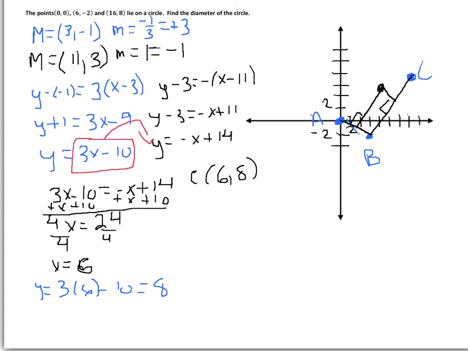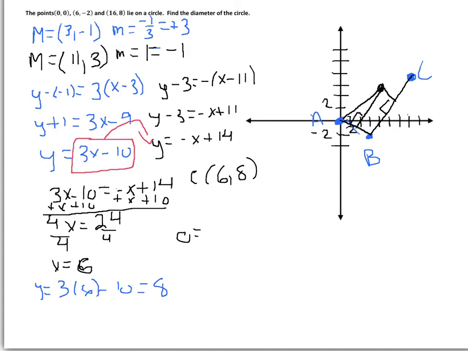Go from the center to one of the points, and I'm going to use 0, 0 because that just makes it easier.